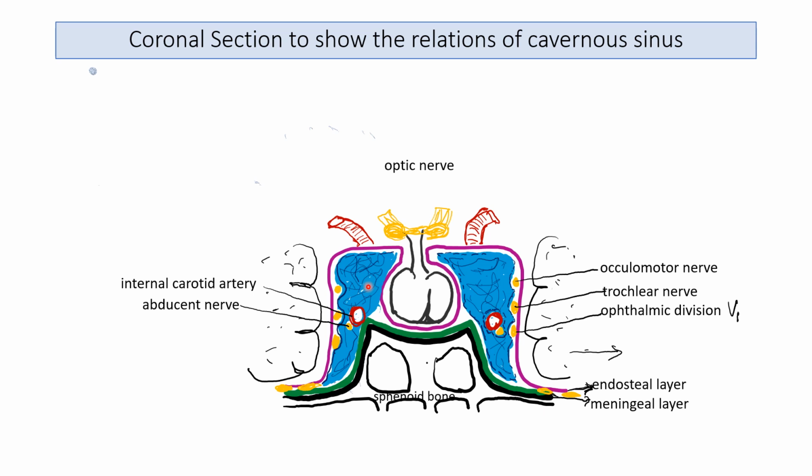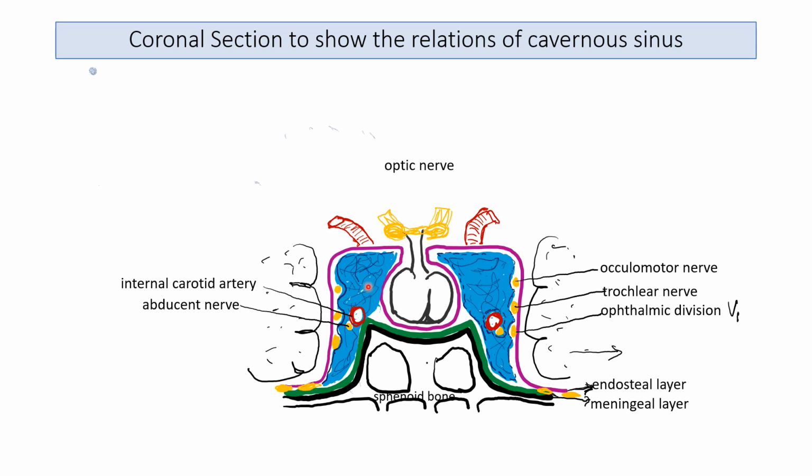There are many veins, the emissary vein and the diploic vein. Apart from that, there are veins draining into the cavernous sinus from the extracranial area. Those veins are responsible for carrying the thrombotic emboli into the cavernous sinus.